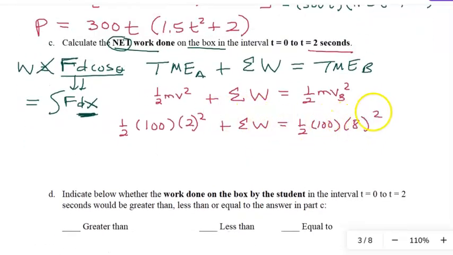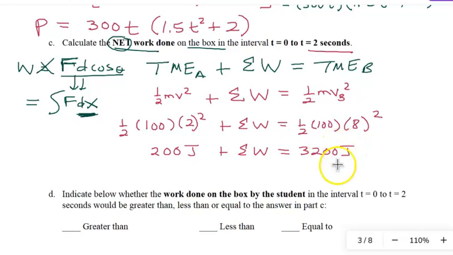So what you get is the box had 200 joules, for whatever reason it was already moving, and then the person and friction did work combined, and then it ended up with 3,200 joules. So the net work done is 3,200 minus 200, or 3,000 joules of work.